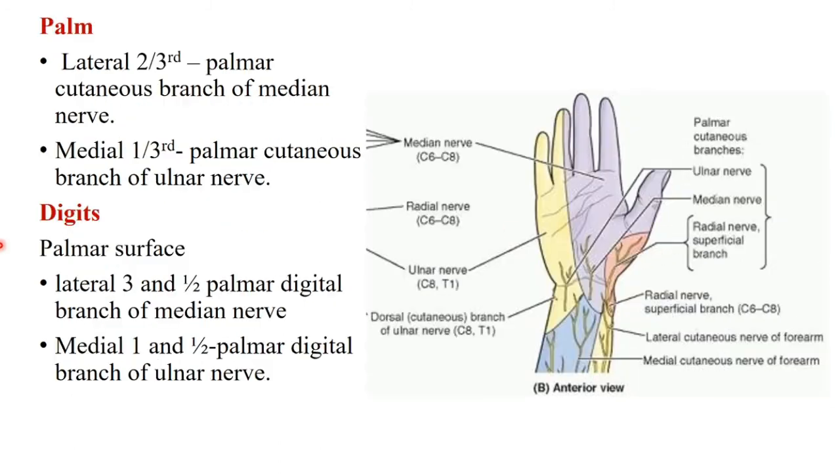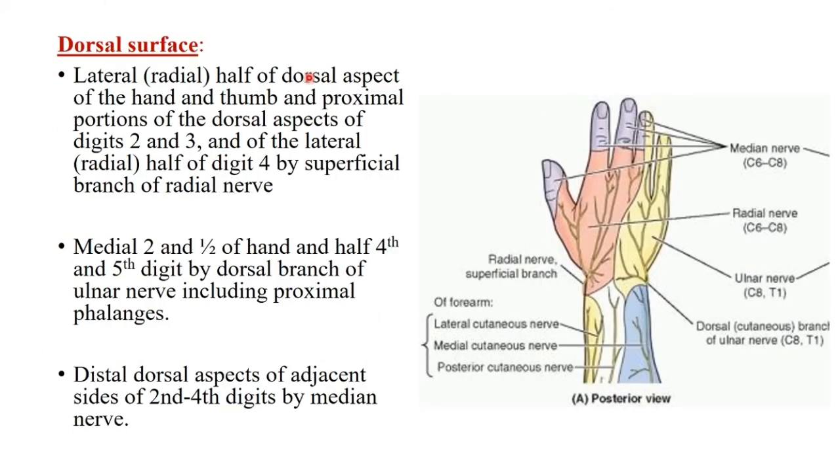So here is the ulnar nerve supply: the whole of the fifth and half of the fourth is supplied by the ulnar nerve.